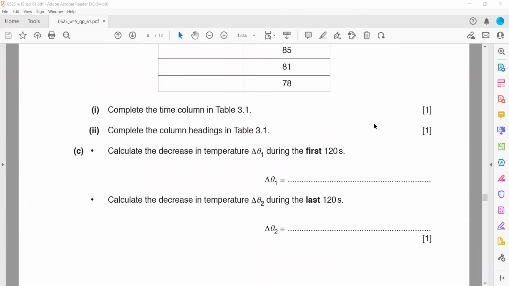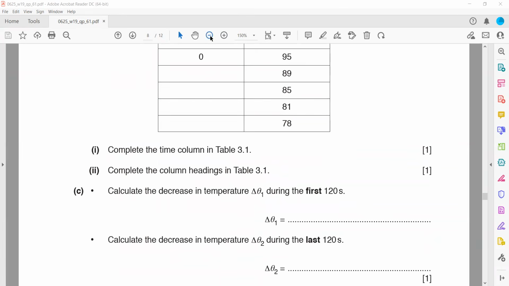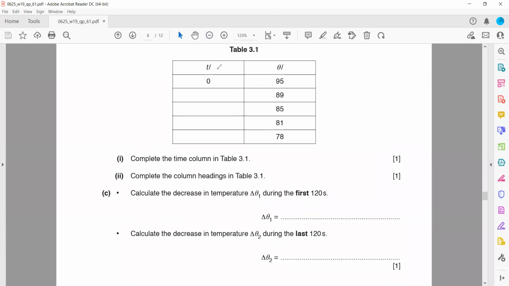Then calculate the decrease in temperature for the first 120 seconds and the last 120 seconds. As we completed, the times are 0, 60, 120, 180, and 240. So for the first 120 seconds, what is the temperature change? First it was 95, it turned into 85.